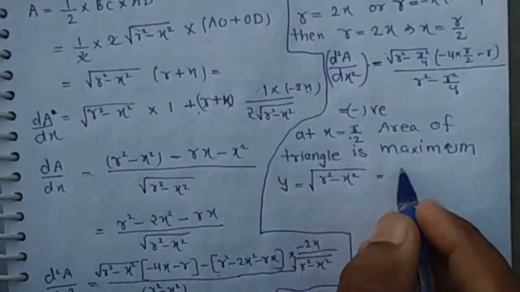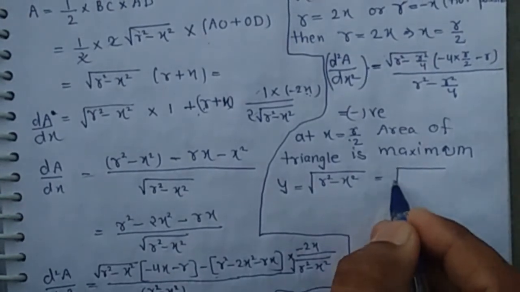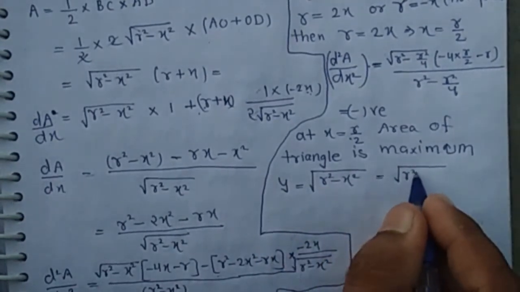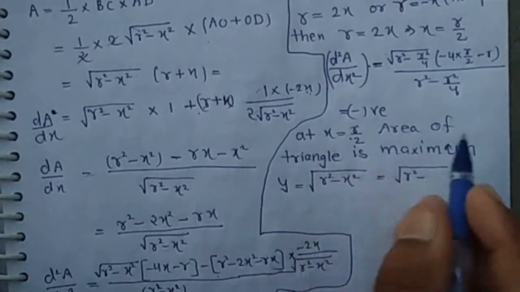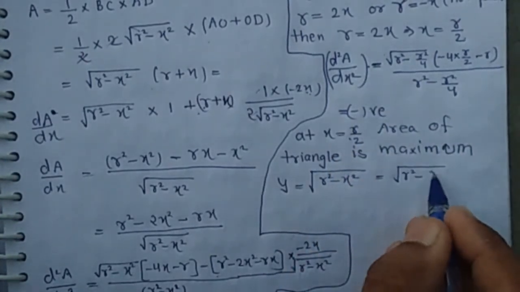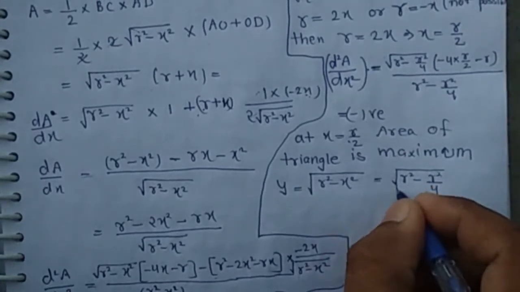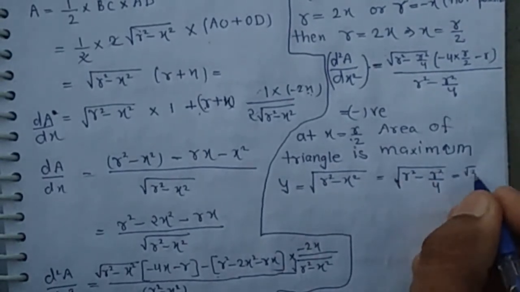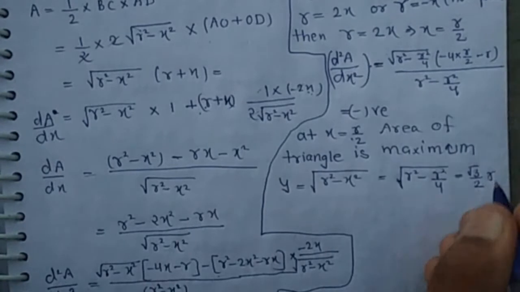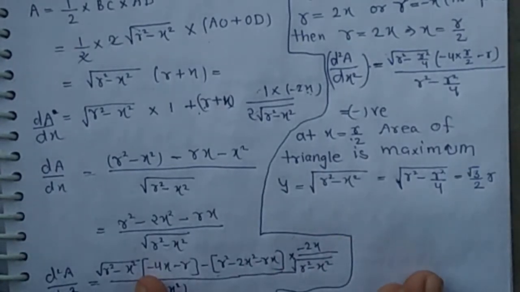Put the value of x. We have x equal to R by 2, means R square by 4, and it is root 3 by 2 R, means the value of y is root 3 by 2 R.